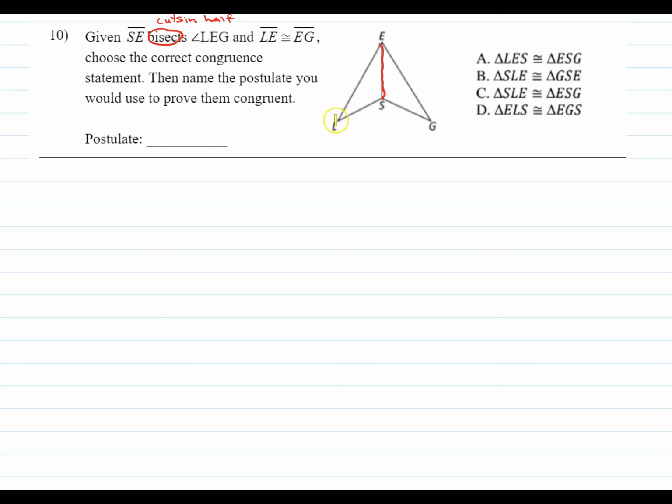This is angle LEG. It's this big angle that goes in between the triangle on the left and the triangle on the right. And the red side SE is going to chop that angle in half, into two equal pieces. So that giant green angle becomes two little angles.